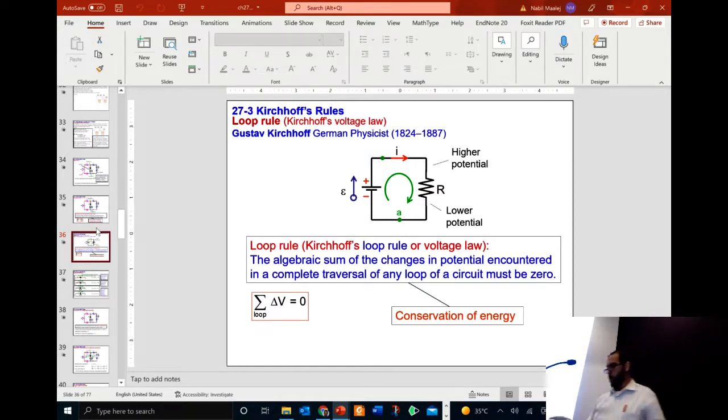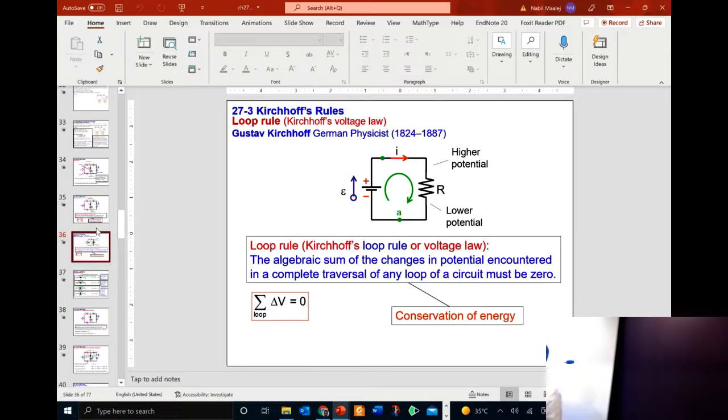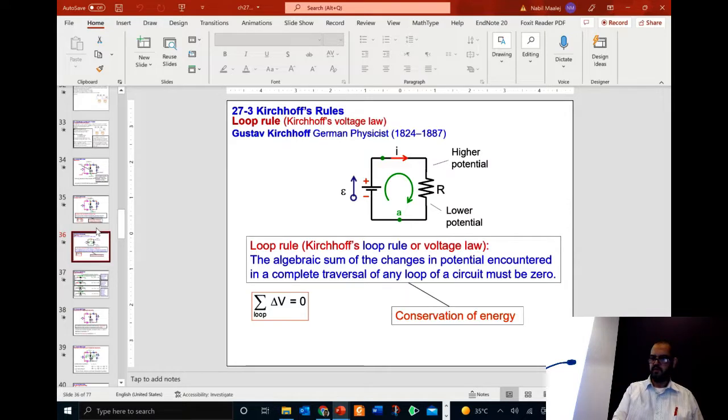It's like if you go uphill and downhill and so on, and you come back to the same level, the change in potential energy is going to be 0 because mgh is going to be 0. Same thing in a circuit. If you go from one point and you go back to the same point, the sum of all of the potential differences is equal to 0.